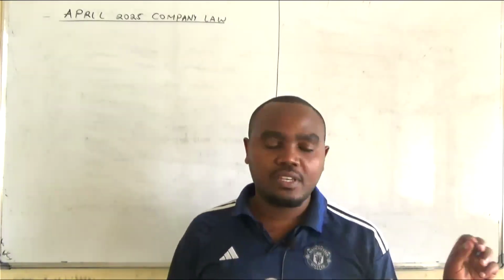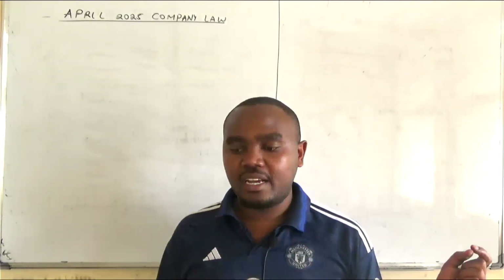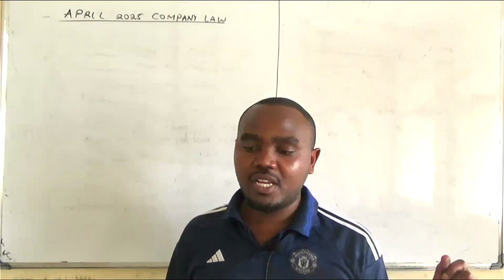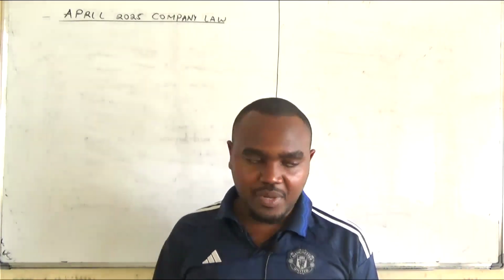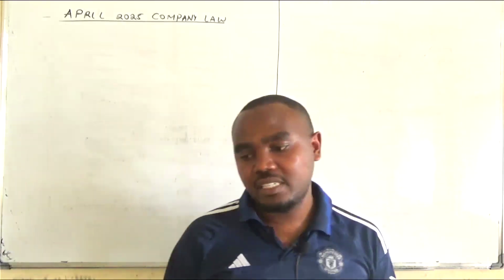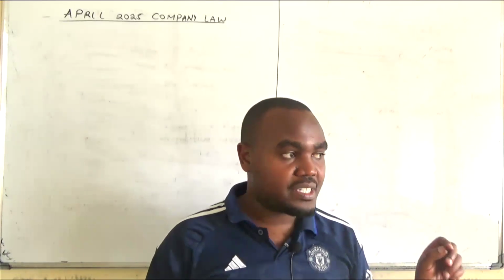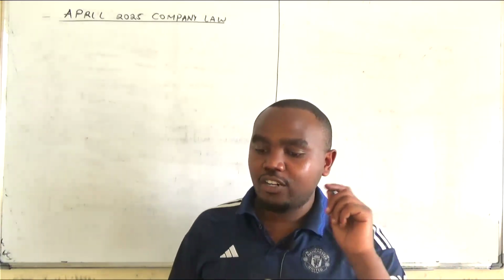And then you are also given another 10 marks question. For example, can you tell us the rules governing beneficial ownership in a company? What are the rules governing beneficial ownership in a company? 10 marks.